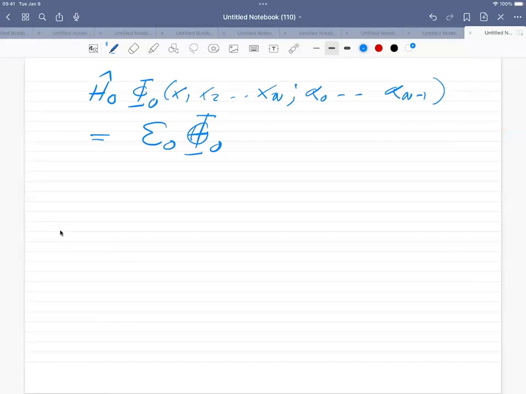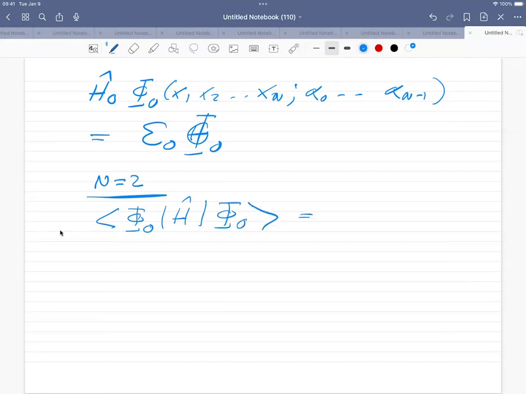So the other thing which we did yesterday was actually to calculate this expectation value for a system of two particles. So when we did two particles, so for n equal 2 here, so this is just a quick reminder of what we did yesterday, then we had phi 0 of H, the full Hamiltonian, of phi 0.